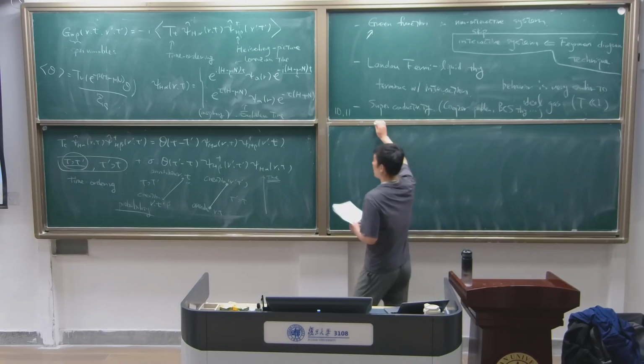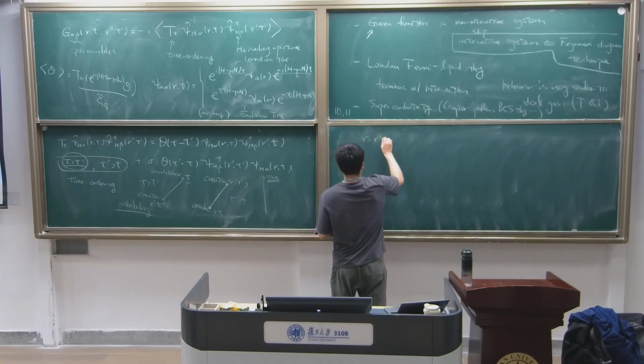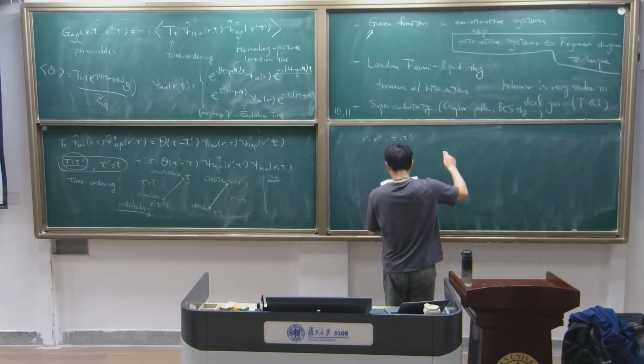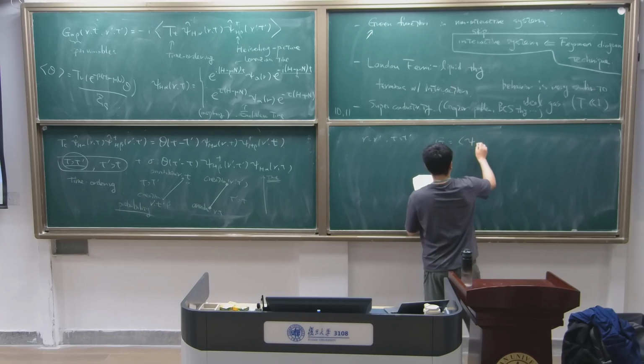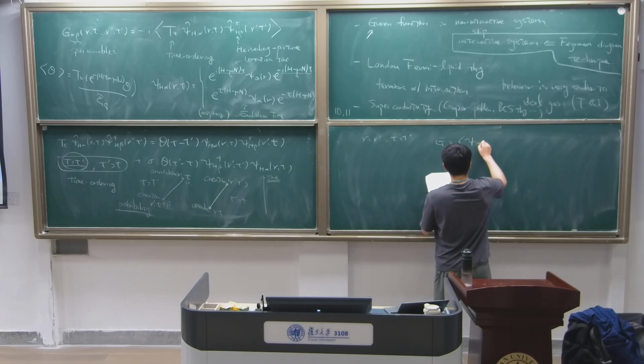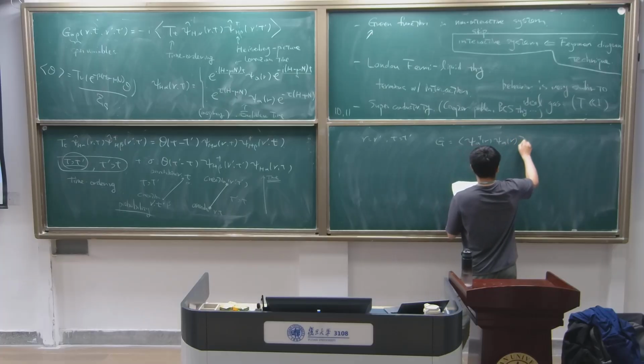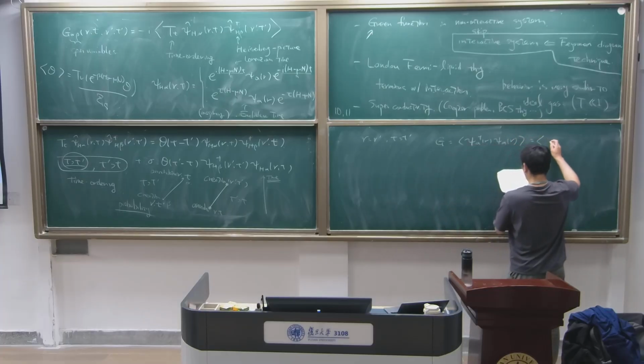Moreover, when r prime becomes r and t prime becomes t, the Green function reduces to the expectation value of psi dagger r psi r. This is the particle number density operator.